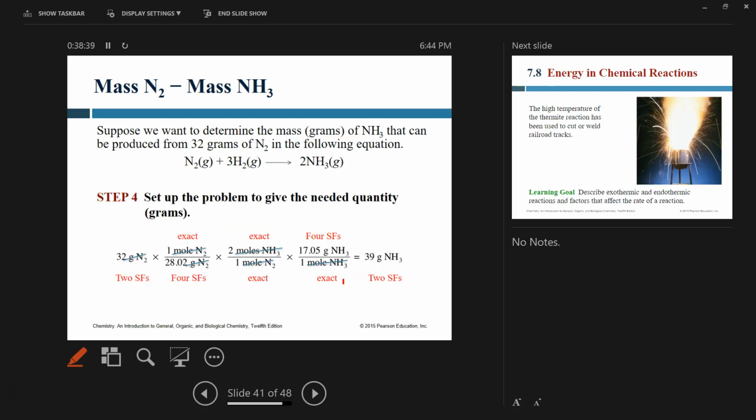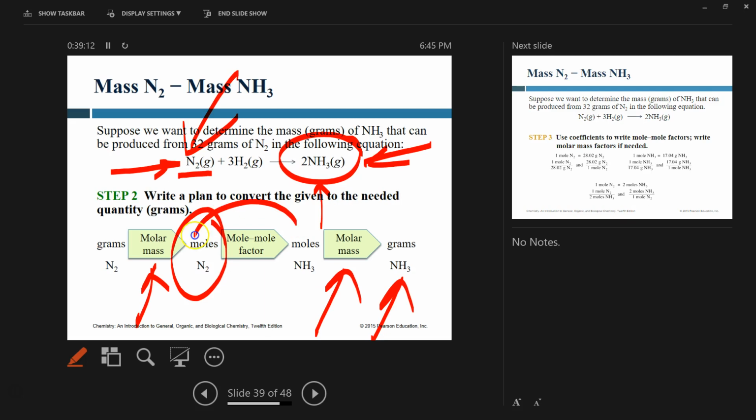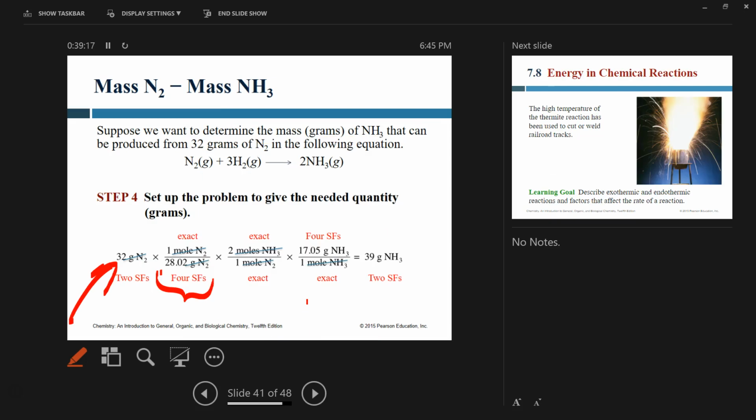So now we are setting up the equation. First, we need to convert 32 grams of nitrogen into moles of nitrogen. So we use this conversion factor, moles on top, molar mass at the bottom. You with me? Then we need to convert moles of nitrogen into moles of ammonia, so we use the mole-mole conversion factor.